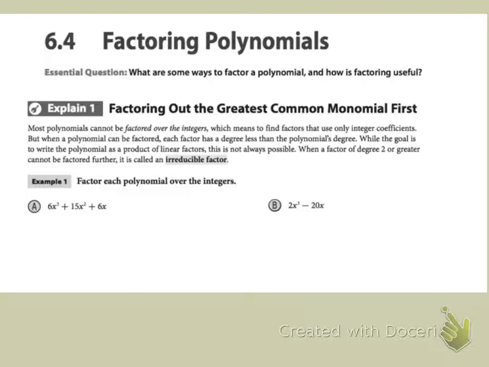So let's take a look at the first polynomial we're going to factor. If you look at that polynomial, the first thing I see is there is a GCF. So that's the first thing I'm going to do: take out that GCF, which I can see is 3x.